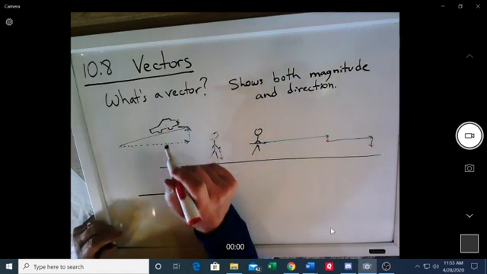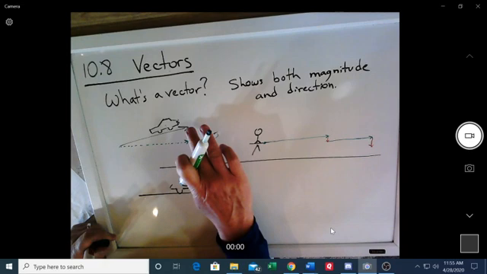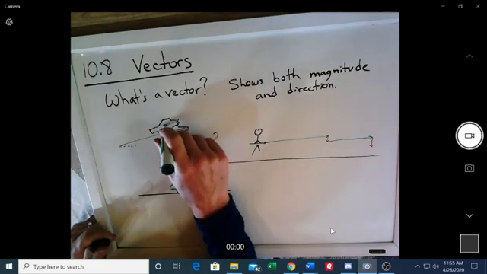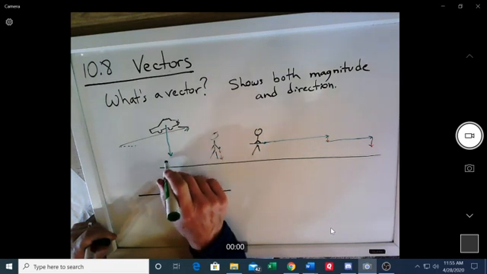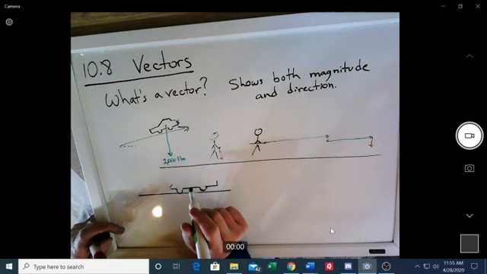So if you had gravity acting straight down on this, let me get rid of these lines for a minute. Gravity's acting straight down, and it's like 2,000 pounds of gravitational force.